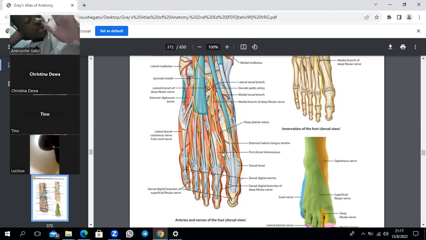Unlike in the hand, where there is a superficial and a deep palmar arc, on the foot, there's only one plantar arc, which is completed by the dorsalis pedis. I'll show you when we do the plantar aspect of the foot which artery actually forms it, which is the lateral plantar artery. And that's your nerve, deep peroneal nerve. Nothing fancy about it.